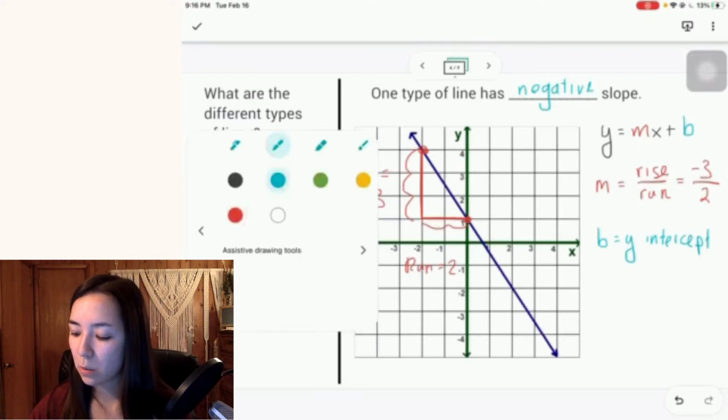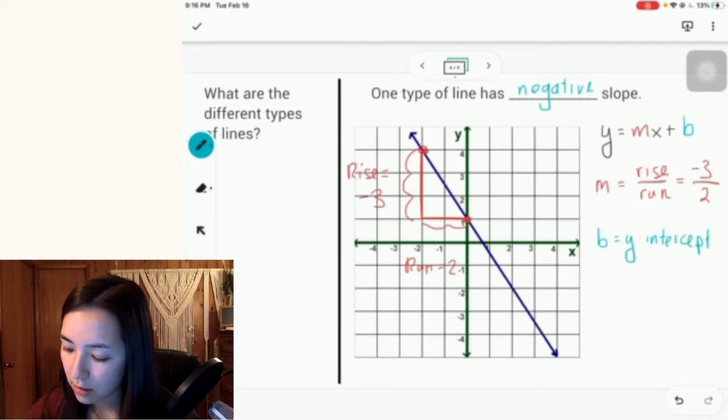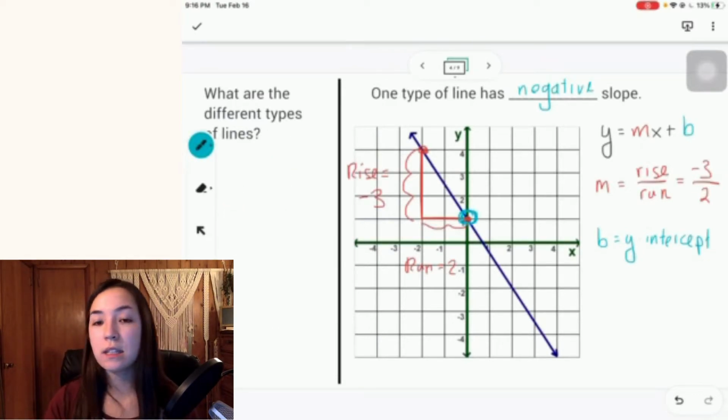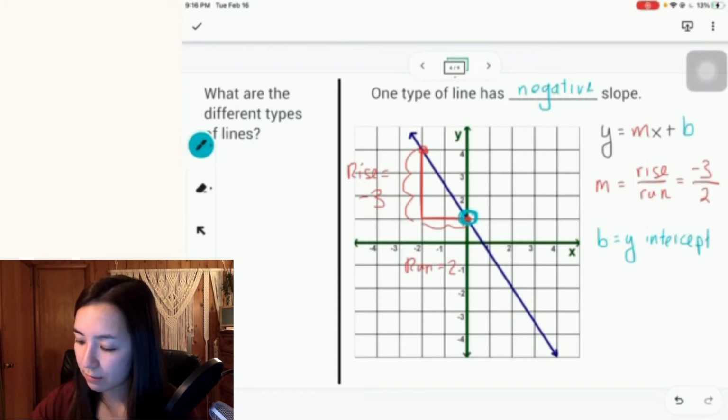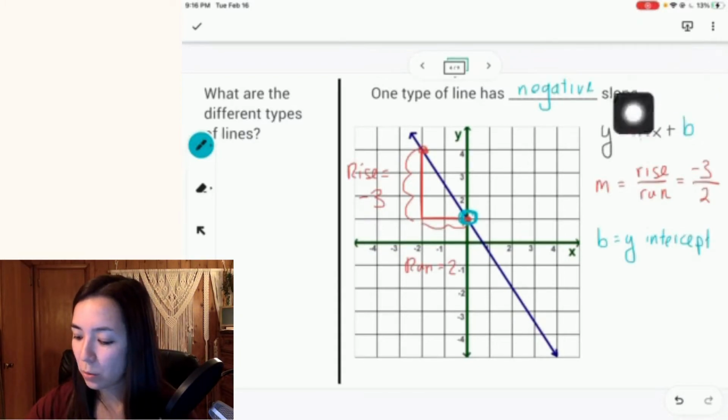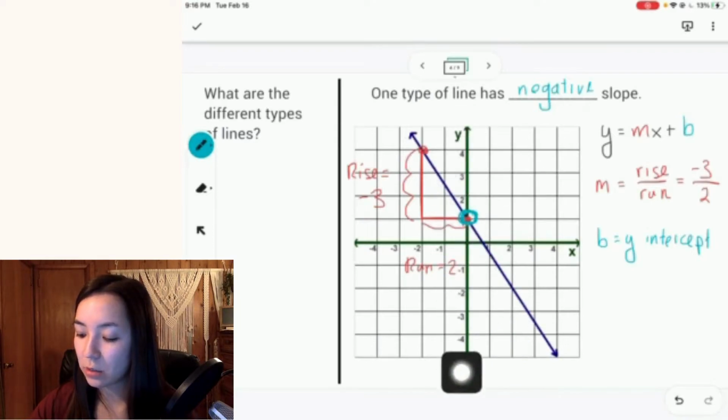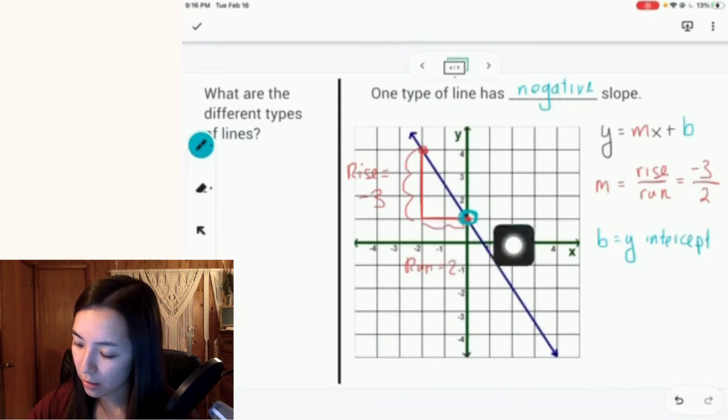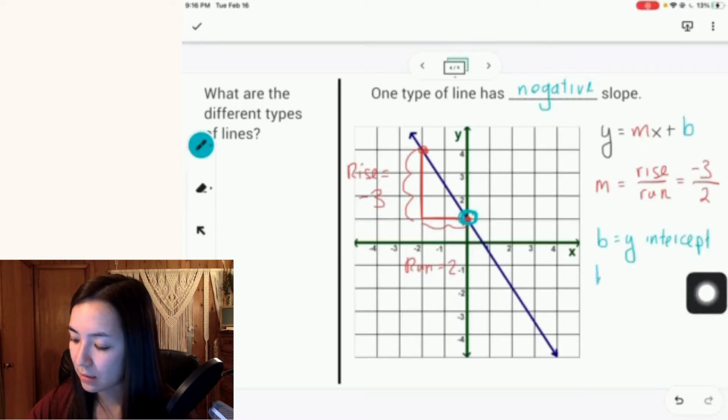Our b is our y-intercept. Our line crosses the y-axis at 1. So our y-intercept is 1.